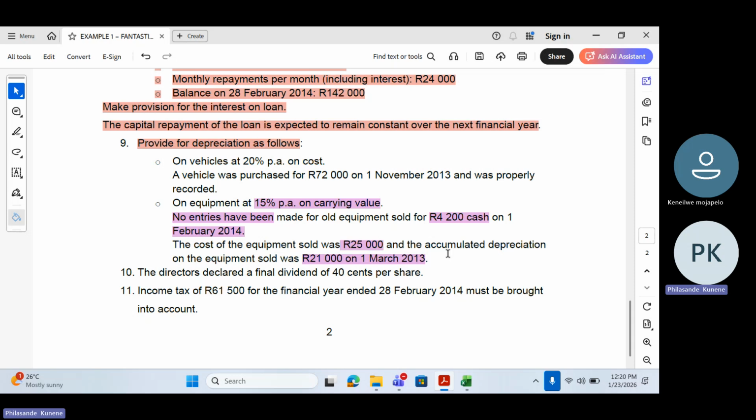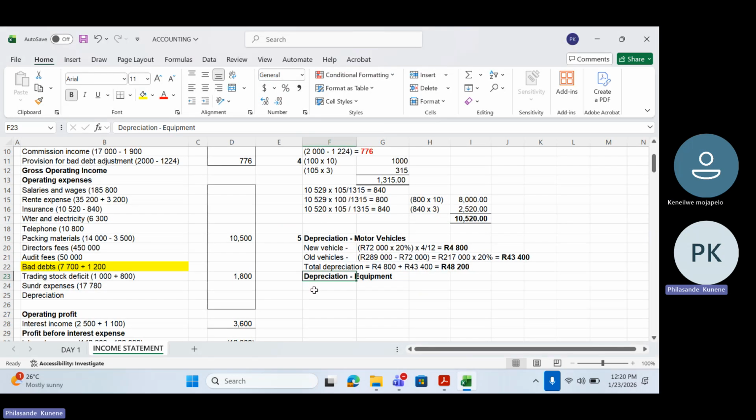So what is the starting point here? You're going to work out the carrying value. Okay, so the carrying value for equipment. Which one? The one that was sold or the old one? Because again, here we have to split it into two. So I need to calculate the depreciation for the sold equipment first, and then I calculate depreciation for unsold equipment.